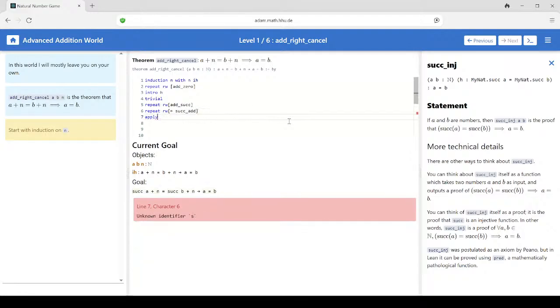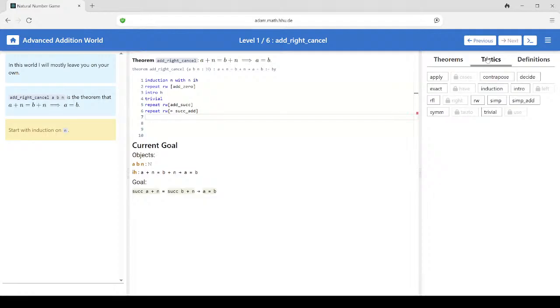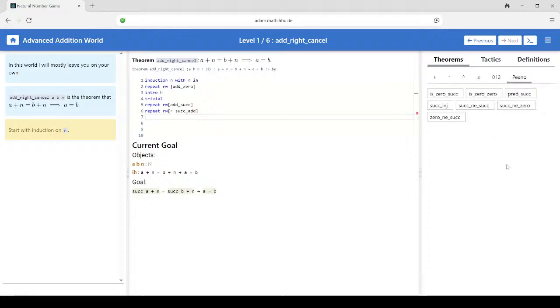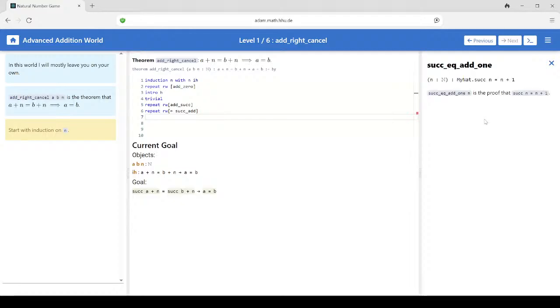No. No, that doesn't do anything. Yeah, I'm not sure if this was the right move at all.